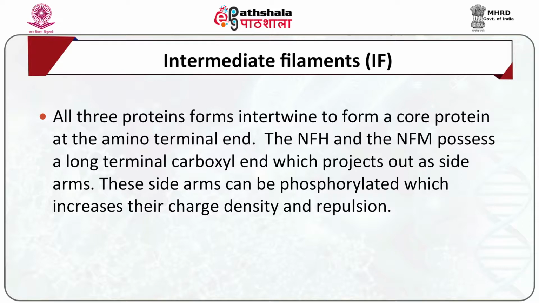Now, all these 3 proteins intertwine to form a core at the amino terminal end. NFH and NFM possess a long carboxy terminal end which projects out as side arms. Now, these side arms can be phosphorylated, and this increases their density and repulsion.